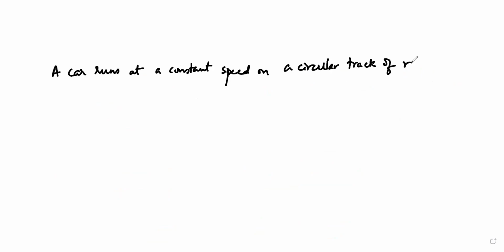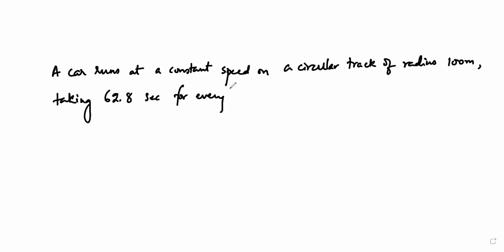A car runs at a constant speed on a circular track of radius 100 meters, taking 62.8 seconds for every circular lap.